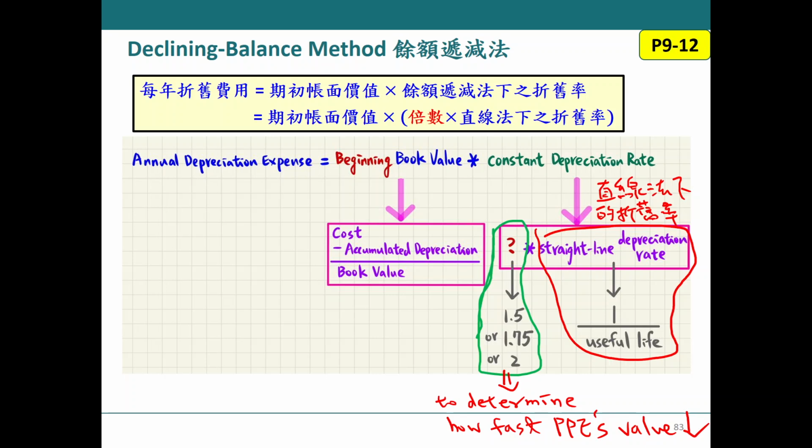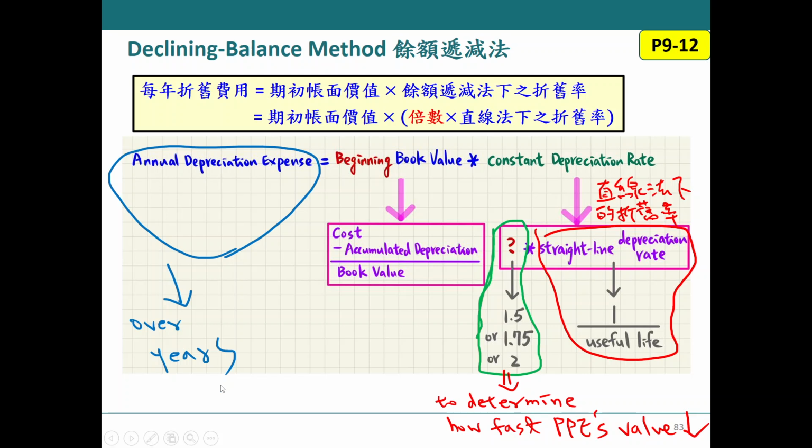So what's our purpose? Annual depreciation expense decreases over years. That's our purpose.